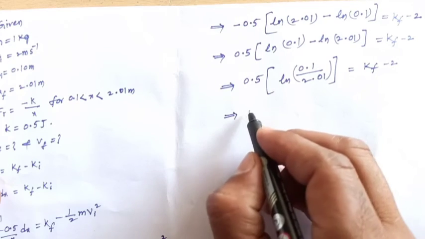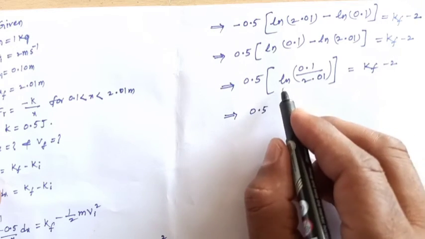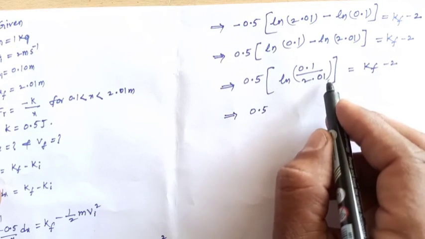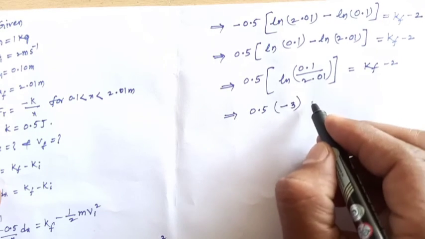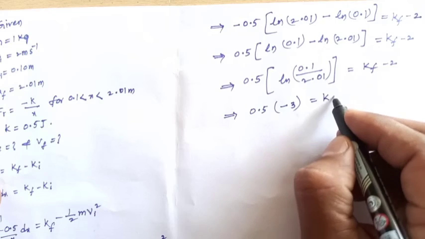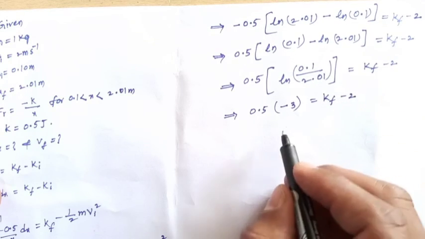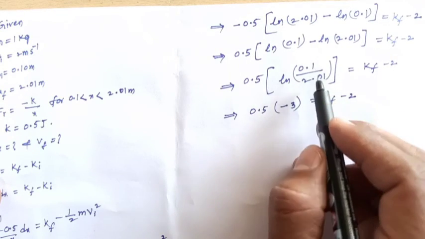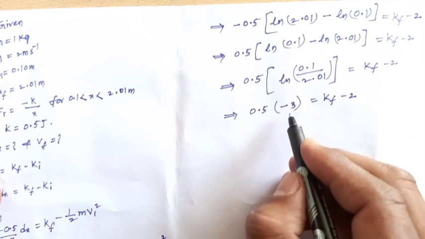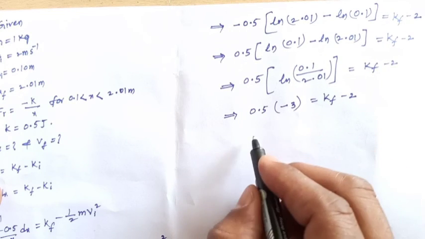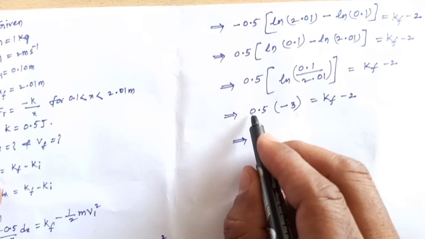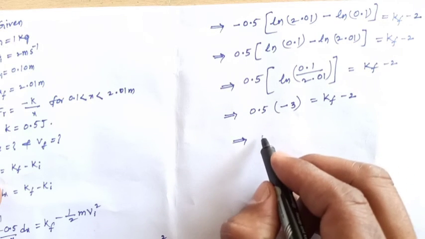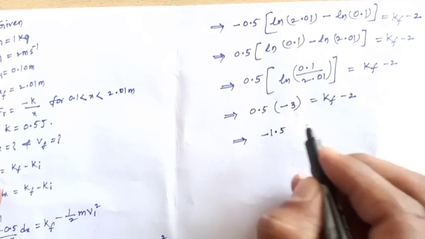The value of ln of 0.1 by 2.01 is minus 3, using a calculator. So 3 into 0.5 is minus 1.5.